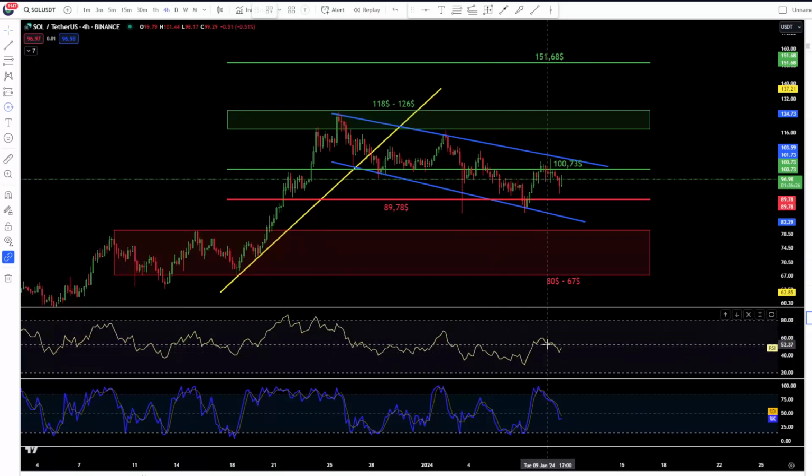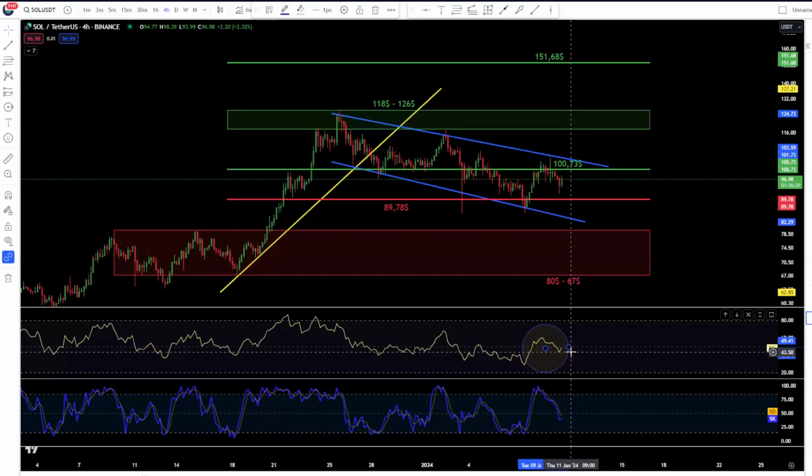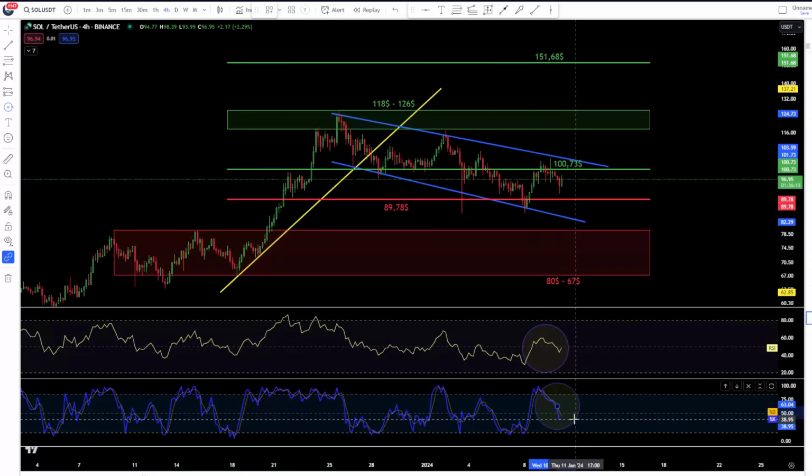Please look at the RSI indicator, which has returned to the middle of the range, making it difficult to indicate the direction, while the stochastic indicator shows a downward movement with room for the price to recover more.